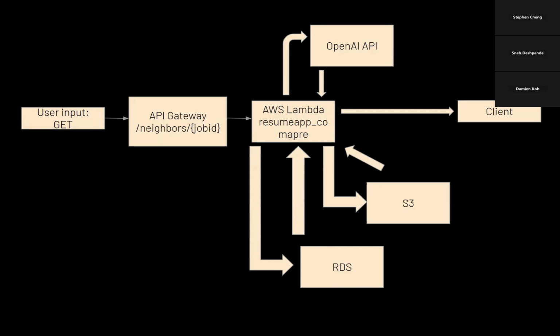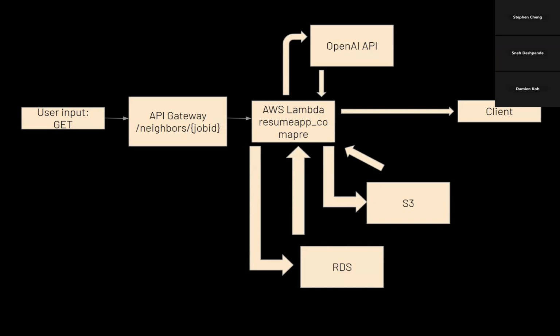And then based on this job ID, in the resume app compare function in AWS Lambda, we access the RDS instance to find other users' resumes, which we access through S3, and then we get a text embedding API, which embeds the resume text for the target user and the other users which we're comparing with. And then we perform a cosine similarity in our Lambda function to find the users with the most similar resumes.